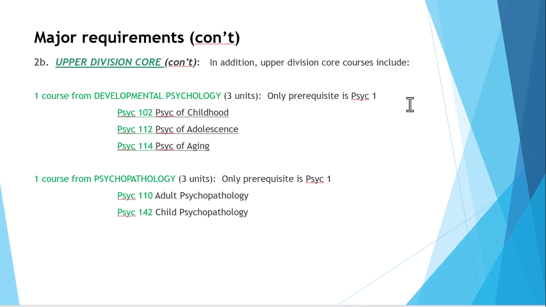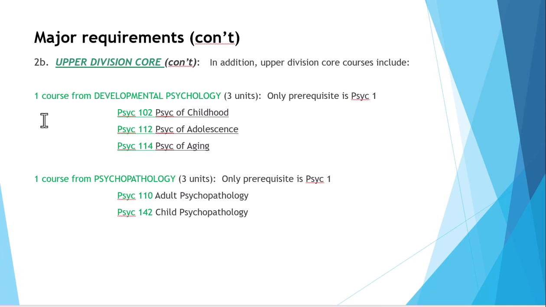Okay, so in these core courses, we want our students to have a class within each of the major topic areas of psychology. Okay, so for instance, one of the topic areas that we'd like you to learn about is the area of developmental psychology.